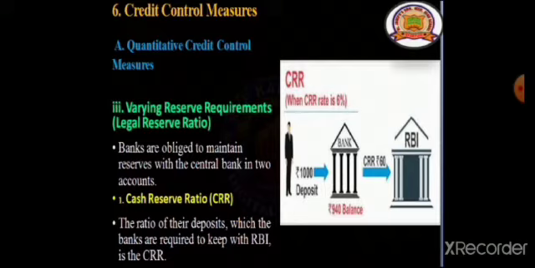One example: if one bank has around 1000 rupees of deposit with it, that bank has to keep 6% as CRR with RBI. 6% of 1000 rupees is equal to 60 rupees, and the remaining balance of 940 is left with the bank, and this 60 rupees kept by the bank with RBI is known as CRR.